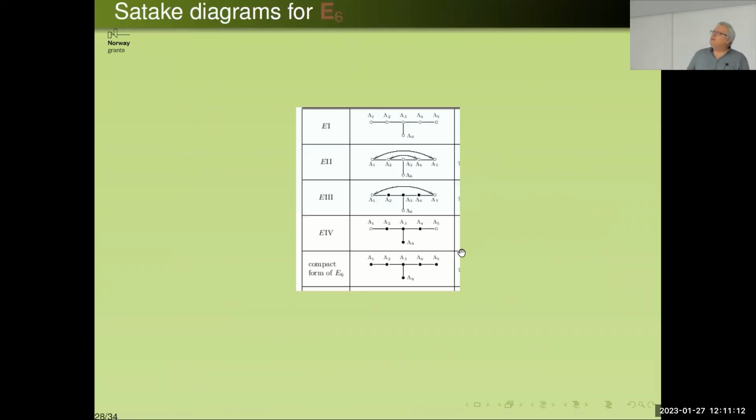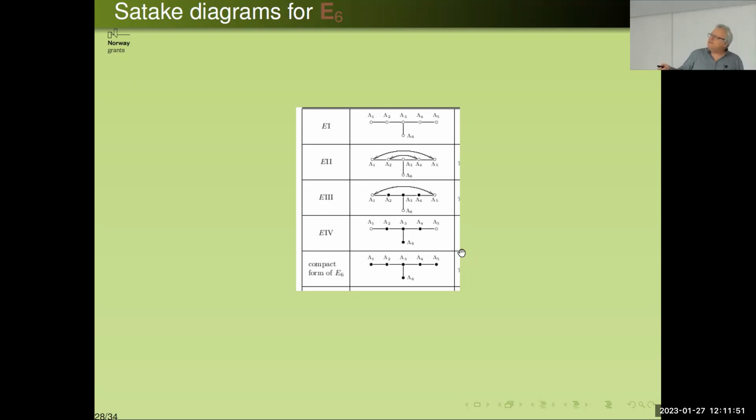As I said, it's too complicated to tell you how to put the blacks into whites, but for E6, there are 5 real forms. There is the compact one in which all the nodes are black, and this one doesn't have any parabolic, so we don't care about it. And there are these others: E1, E2, E3, E4, and this is the split one. The diagram of the split one is precisely the diagram of the complex one. That's what I said: everything I said about the complex case, you can say about the split real form.